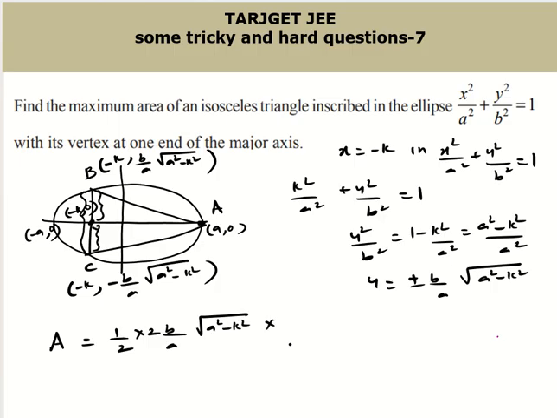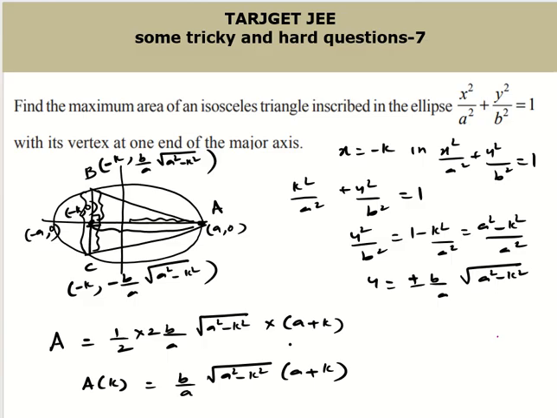This is the height of the isosceles triangle. This length is a units and this length is k units, so the total height is a plus k. So the area is going to be a function of k. I'll cancel the 2, and I'm left with b by a into root of a square minus k square into a plus k.